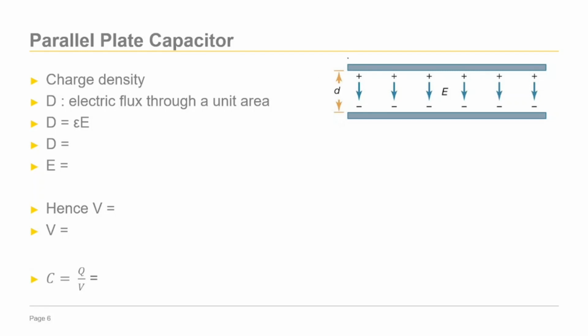So let us try to assume a coordinate system for the parallel plate. As in general, the easiest coordinate system in this case is going to be the XY plane. And let us assume that the plates are kept at a distance of d from each other.